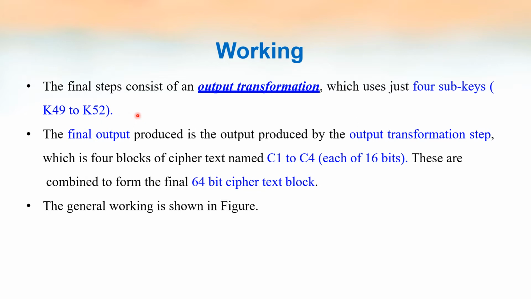These 52 subkeys have to be generated from the main key of length 128 bits. Each subkey is of length 16 bits. After the output transformation round, the final output is produced, represented as C1, C2, C3, C4, each of 16 bits. So the total is a 64-bit ciphertext block.